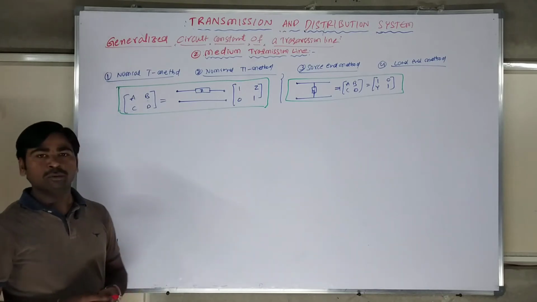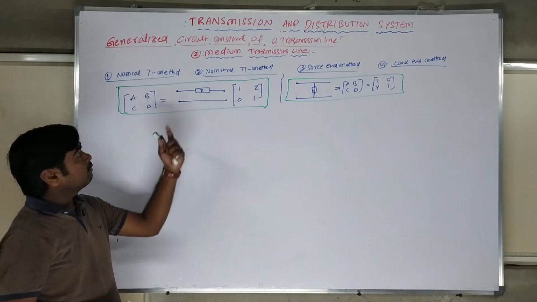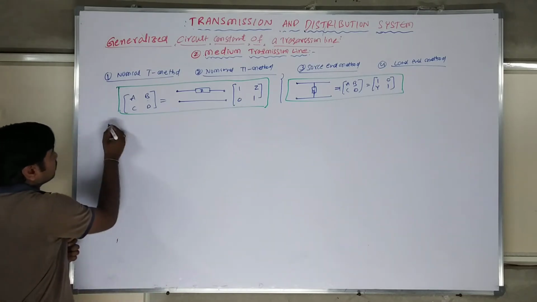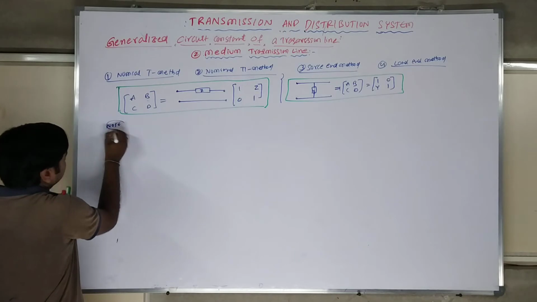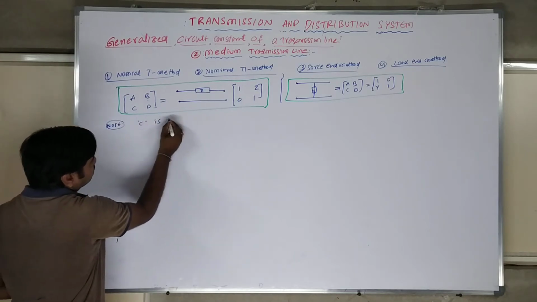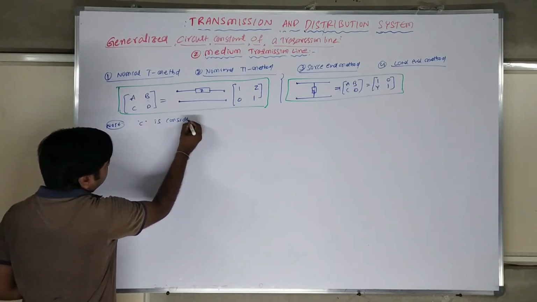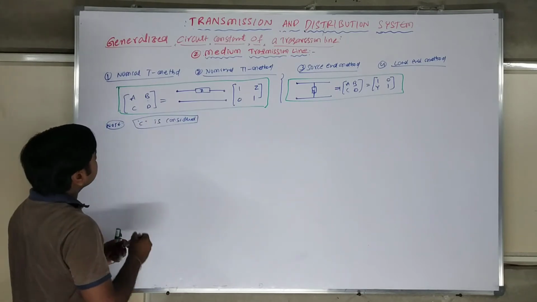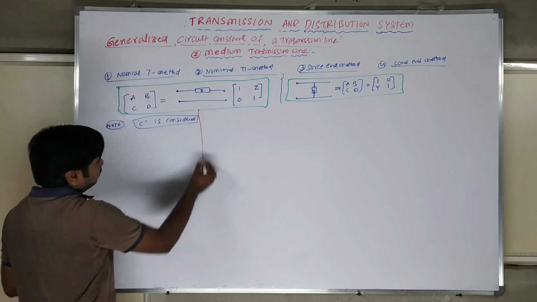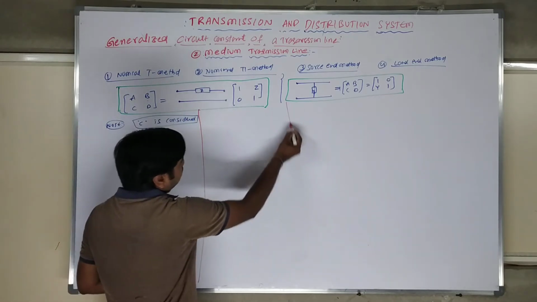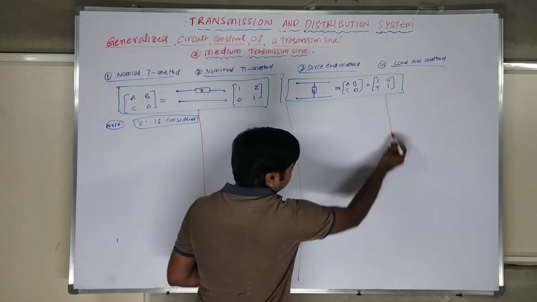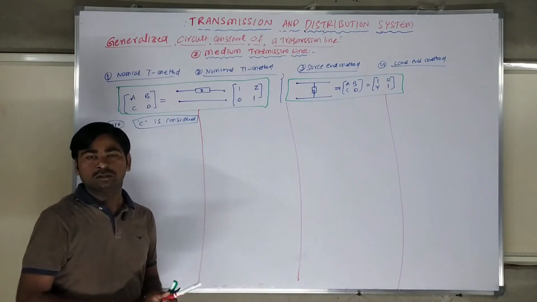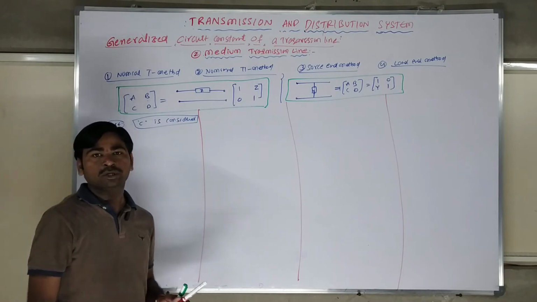Let us take the nominal T method. When you go for a medium transmission line, we have to consider capacitance. Note that in all four cases capacitance is considered. Depending upon the capacitance location, the method of analysis changes.